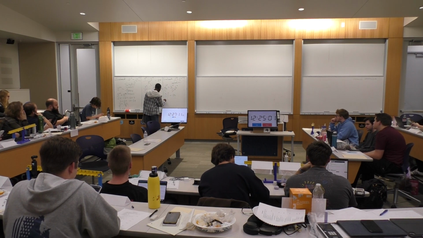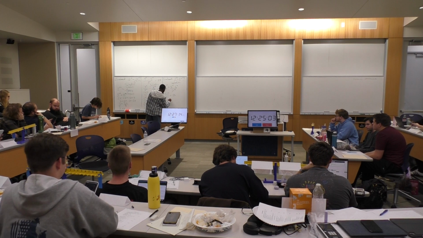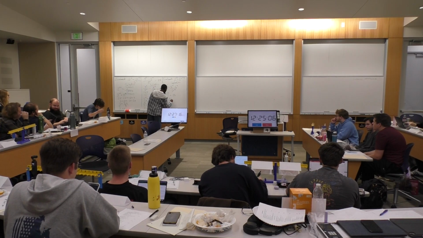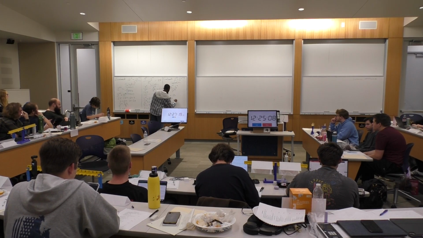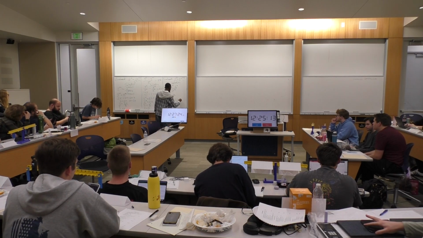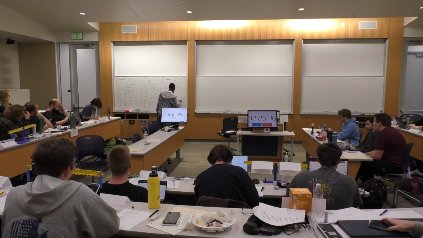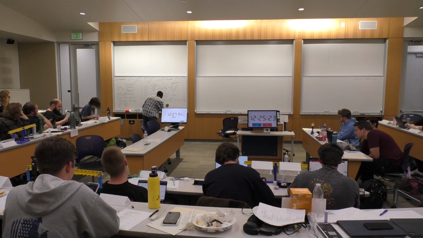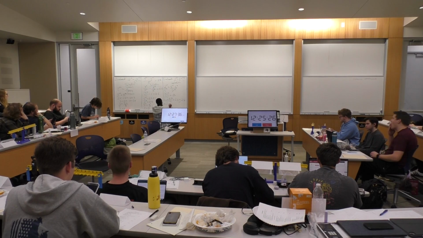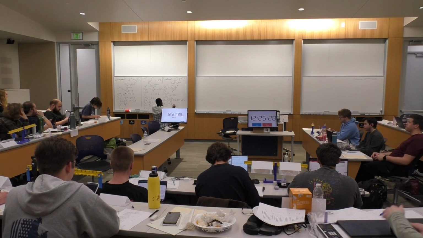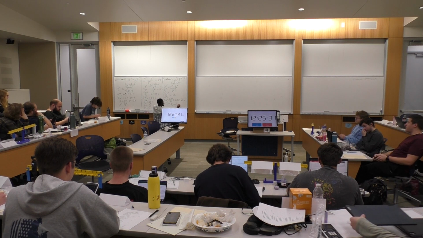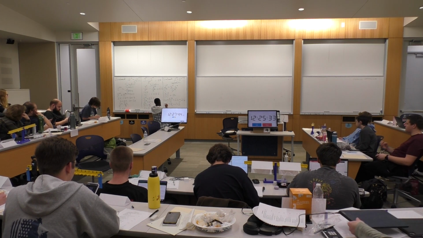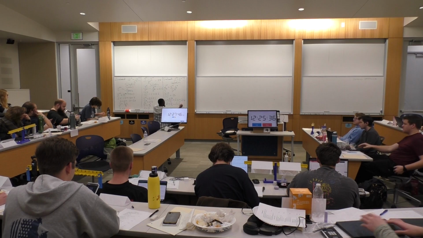Hence, you take log of both sides. You have x log 2 over 5 equals log 25.